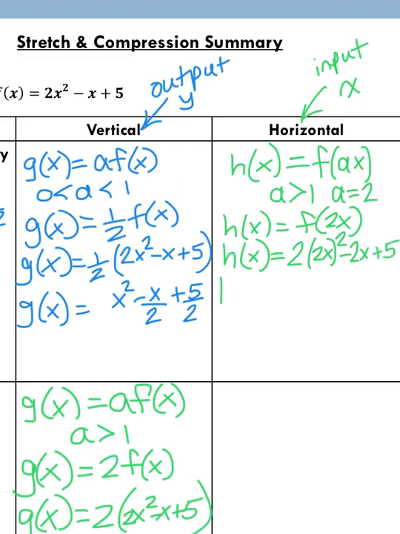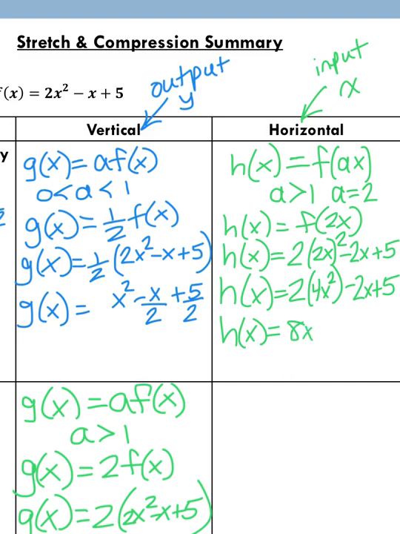I have to work that exponent first before the multiplication. 2x times 2x is 4x squared. So I end up with h of x equals 8x squared minus 2x plus 5.